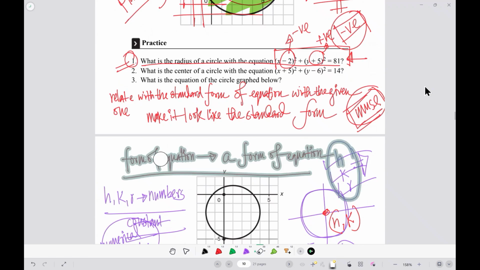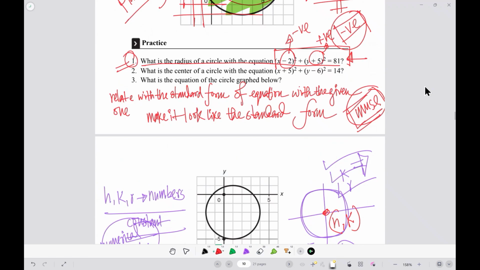It means that you can make this very equation look like the standard equation if you write it like x minus 2 whole squared plus y minus 5 whole squared is equal to 9 squared. Do we look like this standard form? Do we?